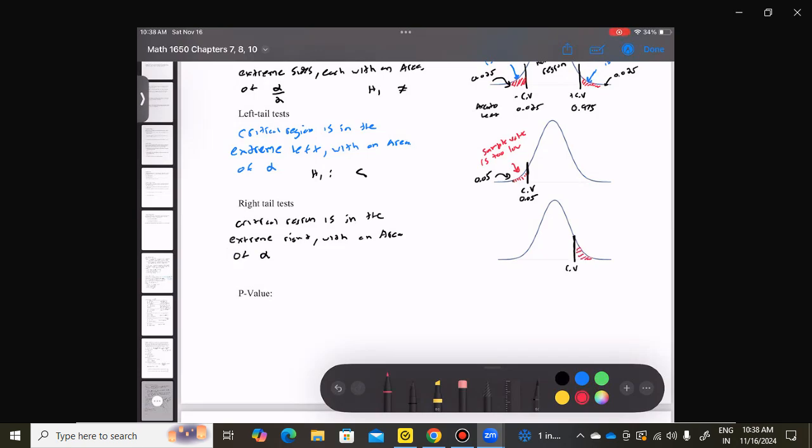And this means that the sample value is too high. And we use this when our alternate hypothesis has a greater than sign, meaning that the sample value that we got in our sample is just too high to be equal to the claim value. So it has to be greater than the claim value.